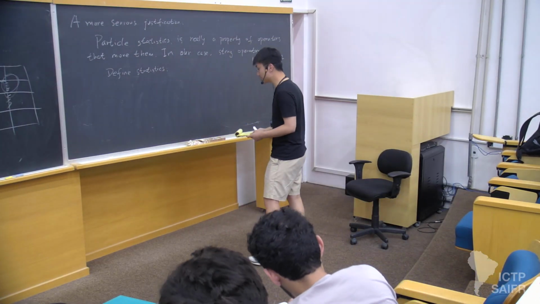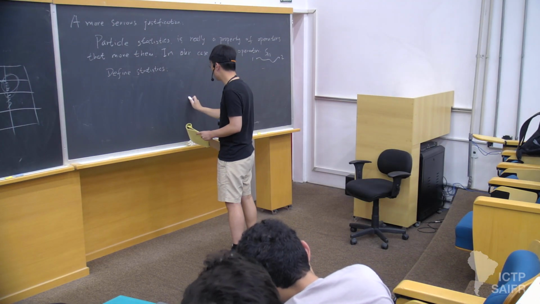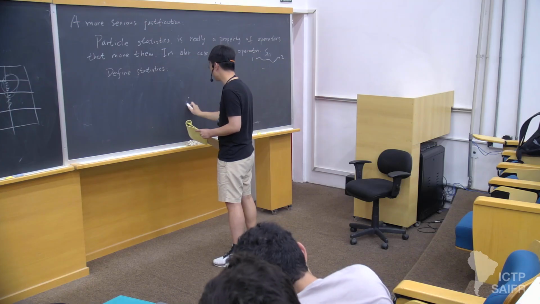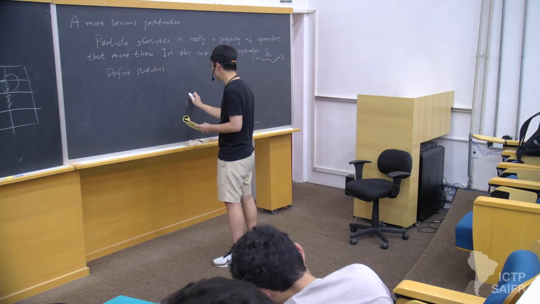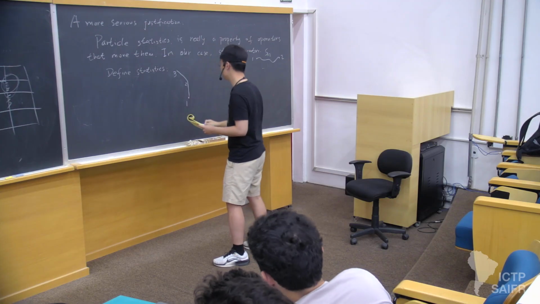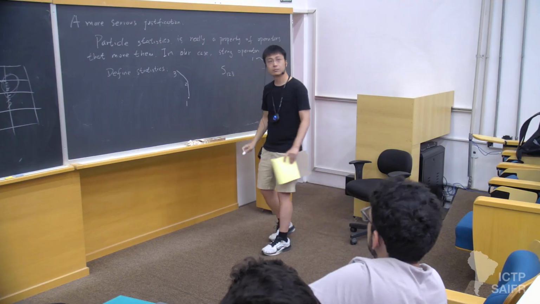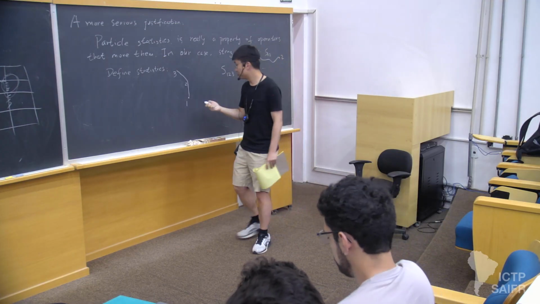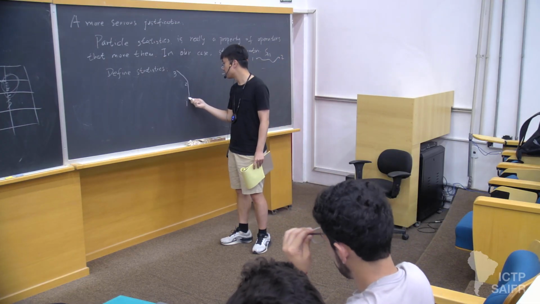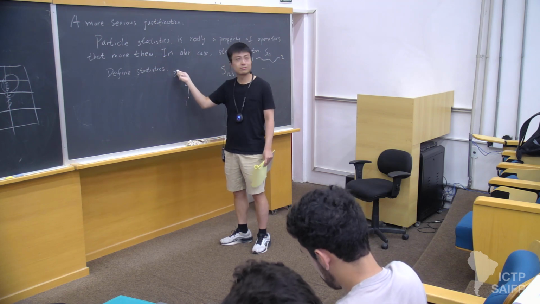So here's how I define statistics. You think about a string operator that takes you from point 1 to point 2, and then immediately followed by 3. So let's think about this as 1, 2, 3. What this is doing is taking a particle from point 1 to point 2, and then to point 3.